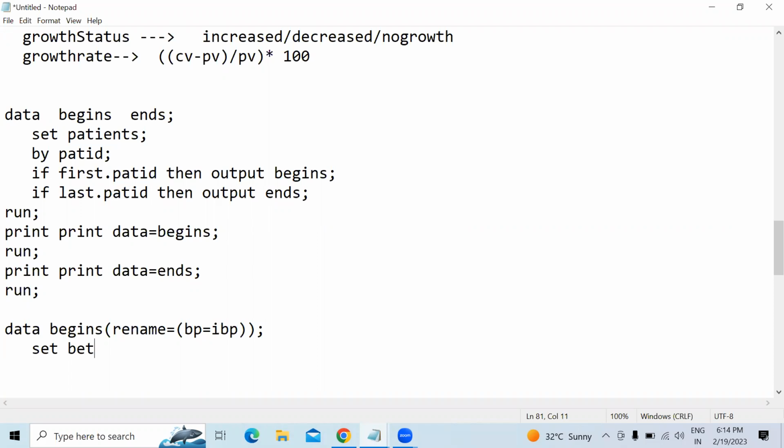Set begins. Proc print data equal to begins.